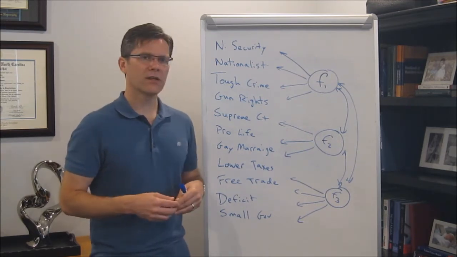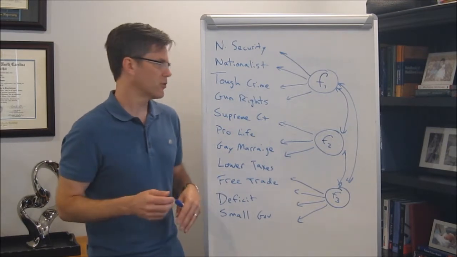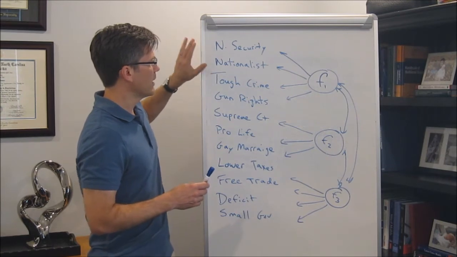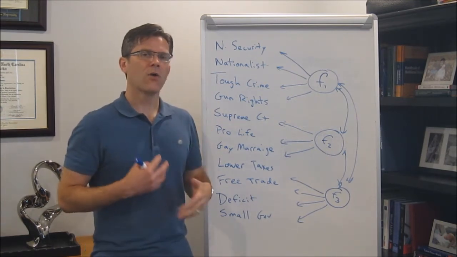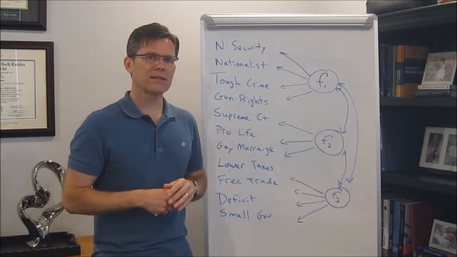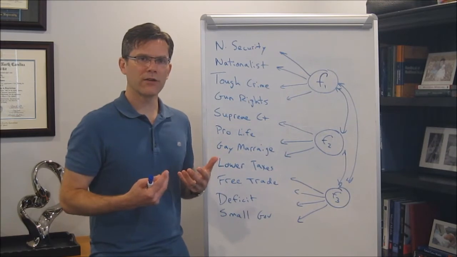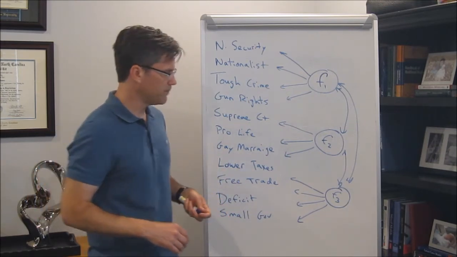Instead, what we're interested in is, are there social conservative voters? Are there fiscally conservative voters? Are there voters who are primarily motivated by things like national security and being tough on crime? Are there these voter blocs that exist within the Republican Party that are heterogeneous with respect to one another, right? So that differ in terms of their principal issues of concern.